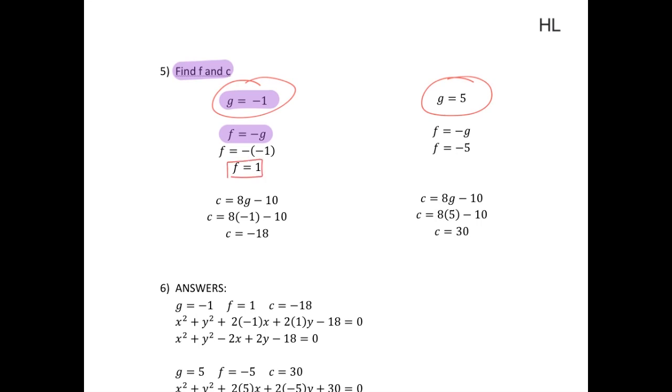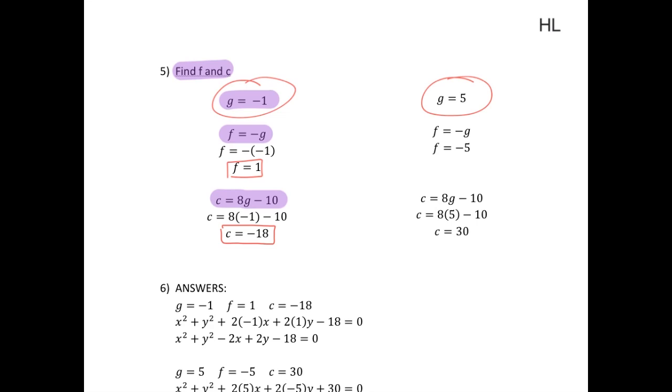For c, we had c is equal to 8g minus 10, so filling in minus 1, we find that c is equal to minus 18 in that case.